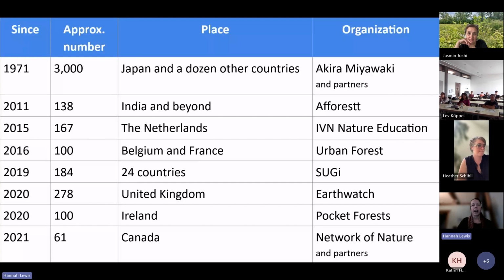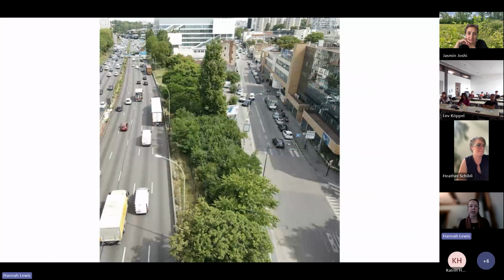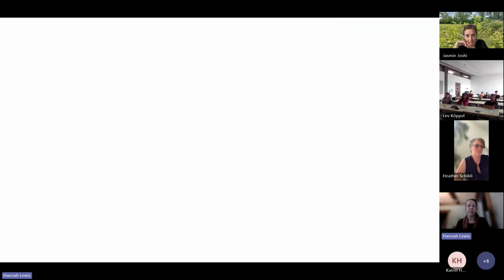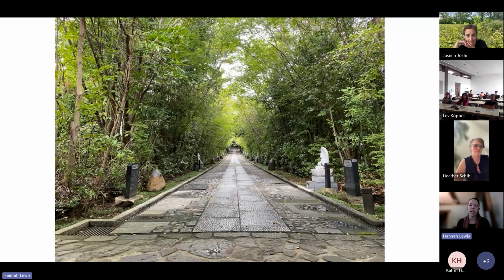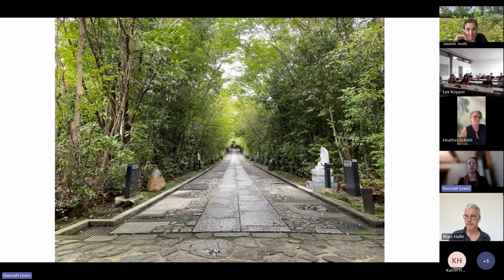So I'm just going to show you a few pictures. This is a 5-year-old mini forest that's in Paris, France. It's 5 years old at the time this picture was taken. This is a mini forest in Japan, and the mini forest is basically planted in strips on either side of this path.